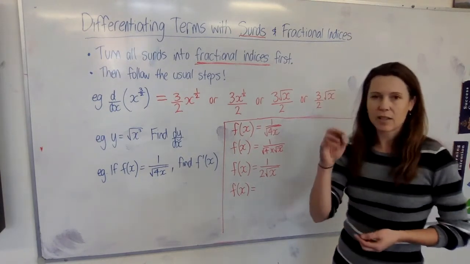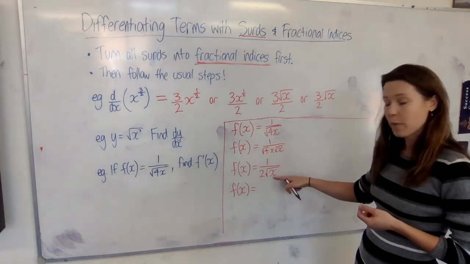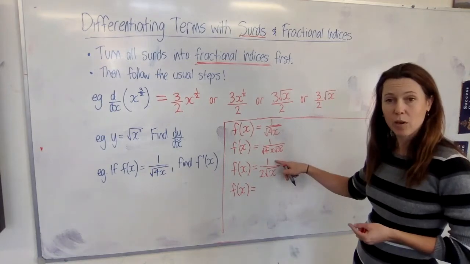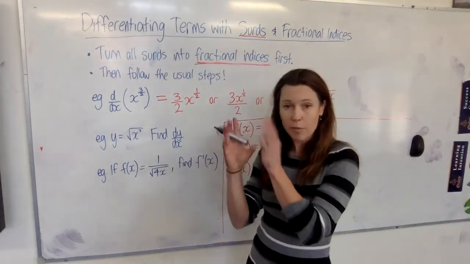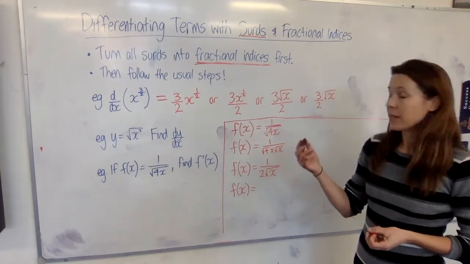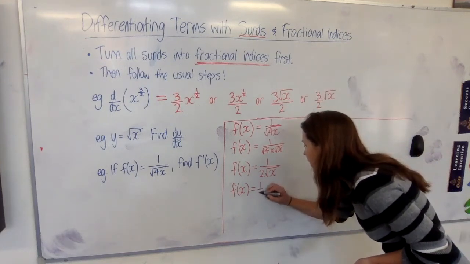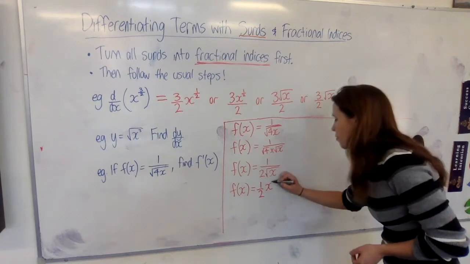And I know that x to the power of half is the square root of x. So I know I need x to the power of half, but I also need x to the power of negative a half, because that will bring it up to the top. And I know that I need all my powers of x to be up the top of a fraction to be able to differentiate them. We looked at that already when we examined negative indices. So I've got basically a half outside of x to the power of minus a half.